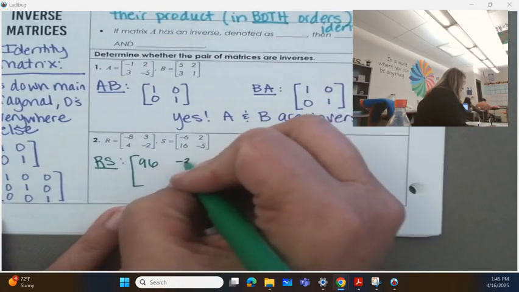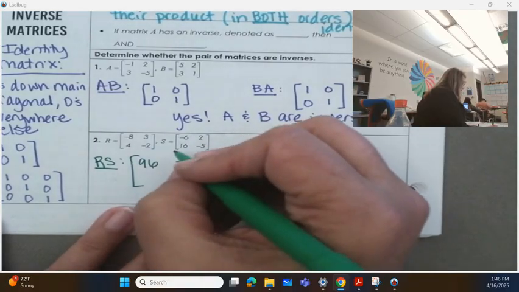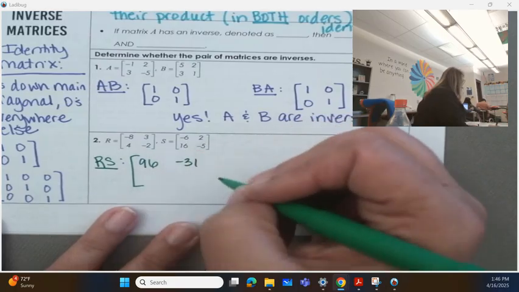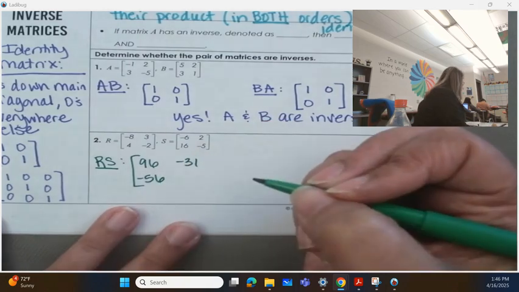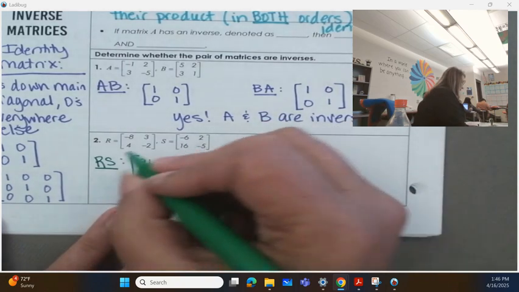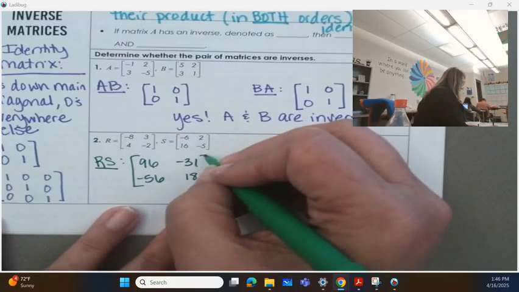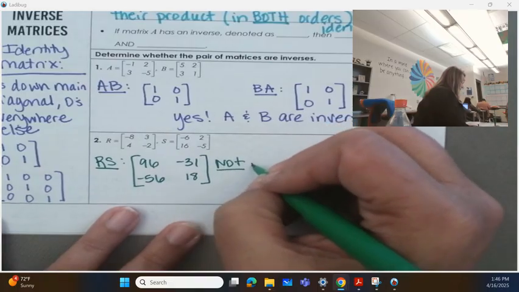That's negative 31. Row 2, column 1 is negative 24 minus 32, that's negative 56. And 8 plus 10 is 18. Okay, that's definitely not the identity matrix.